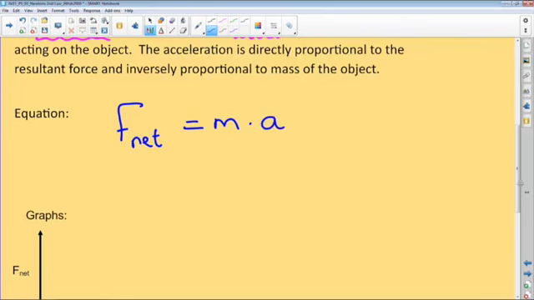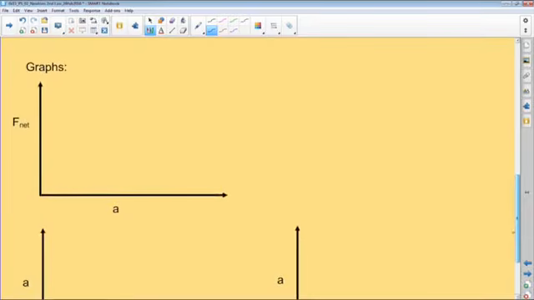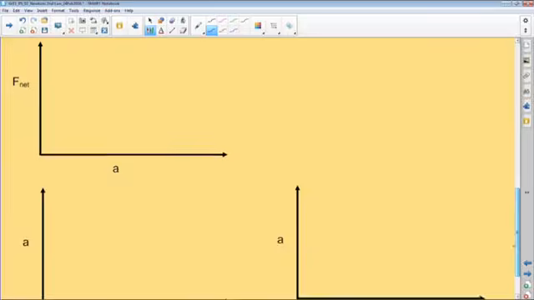And because one is directly proportional and the other is inversely proportional, we can represent it on the graph. So we've said F net is directly proportional to a. So force is directly proportional to acceleration.